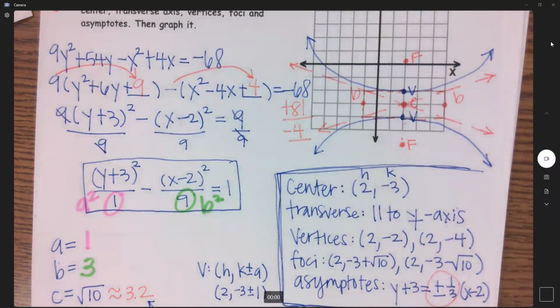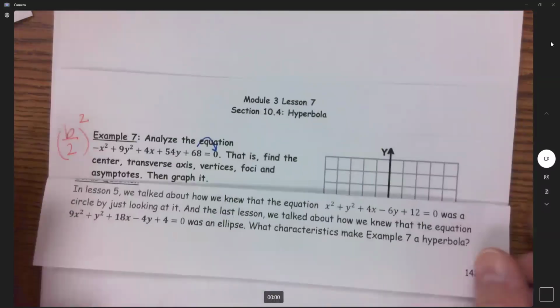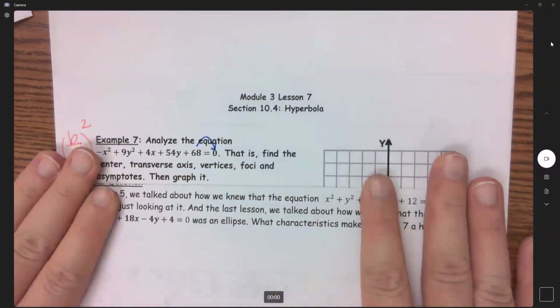Now, before I stop this video, we're going to answer this bonus question. And let me actually fold my paper real quick so that we can look at this together.